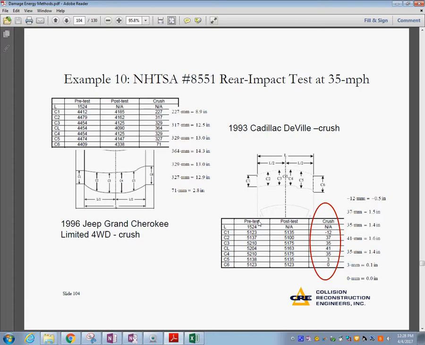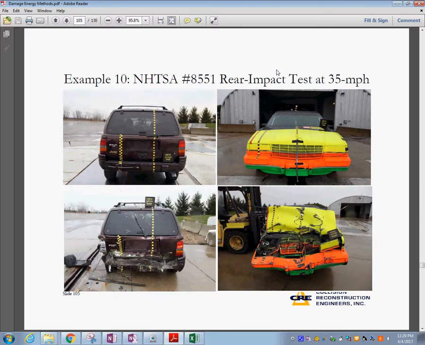The EDR is the computer and the storage space inside the airbag control module. So here's what we have. Cadillac DeVille, an impact on this other vehicle.